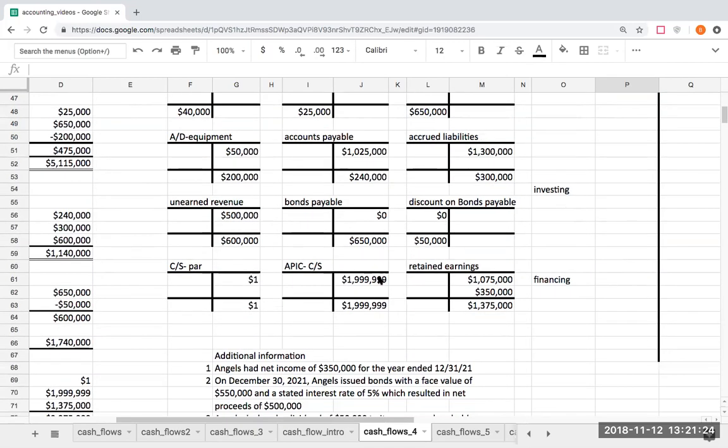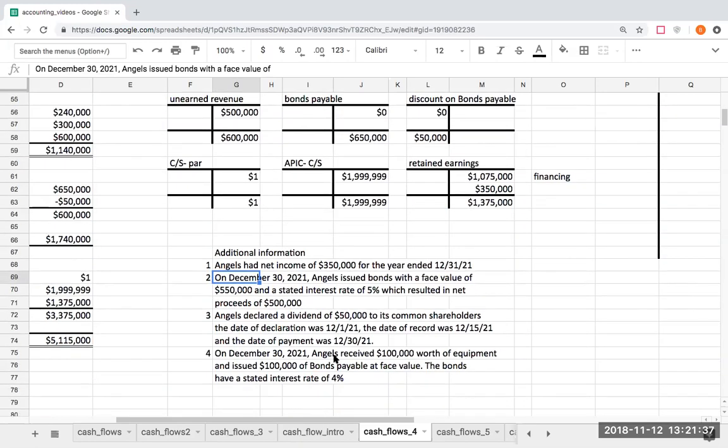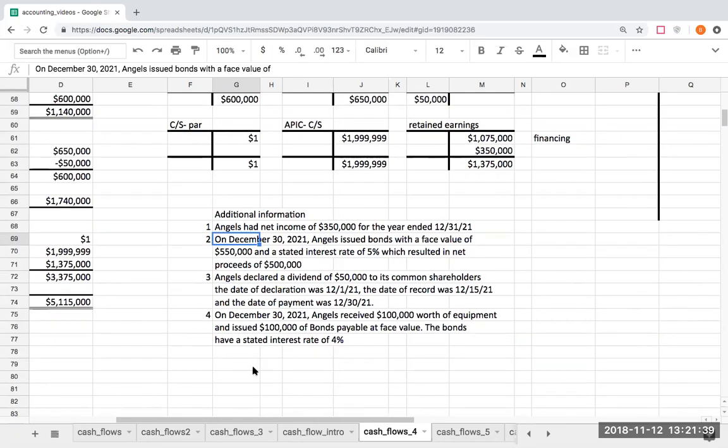Okay. On December 30th, 2021, Angels issued bonds with a face value of $550,000 and a stated interest rate of 5%, which resulted in net proceeds of $500,000. Now, if I were doing this as a journal entry, and I would probably recommend that you do it this way, for number 2, when I have a bond that's being issued at a discount, the journal entry is always the same.